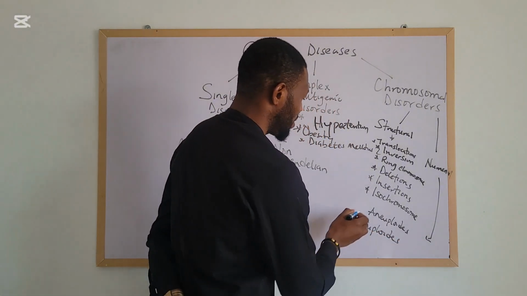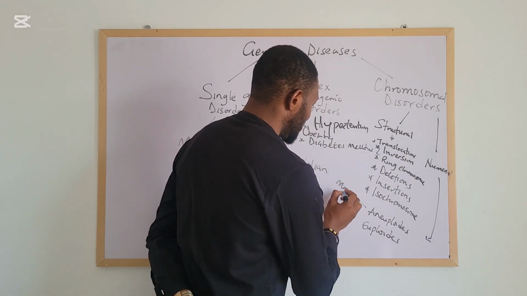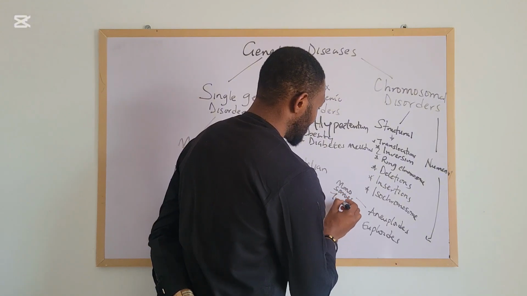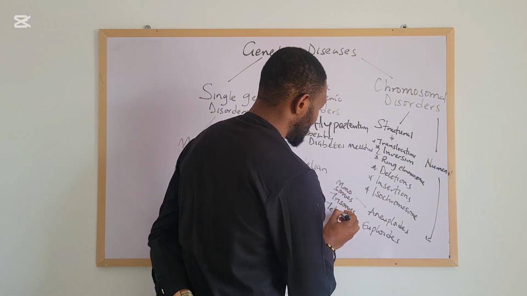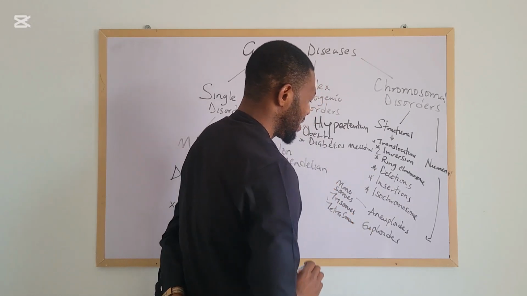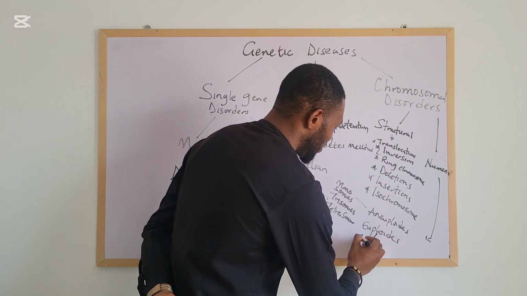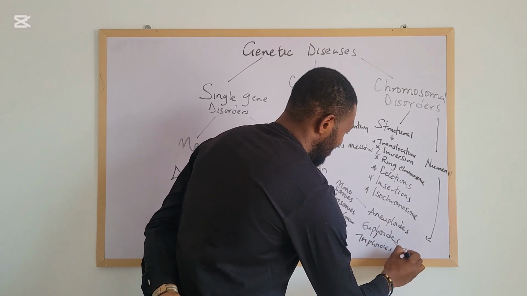Okay, and under aneuploidies we have the monosomies, trisomies, tetrasomies, etc. And then under the euploidies, we have the triploidies, tetraploidies, etc.